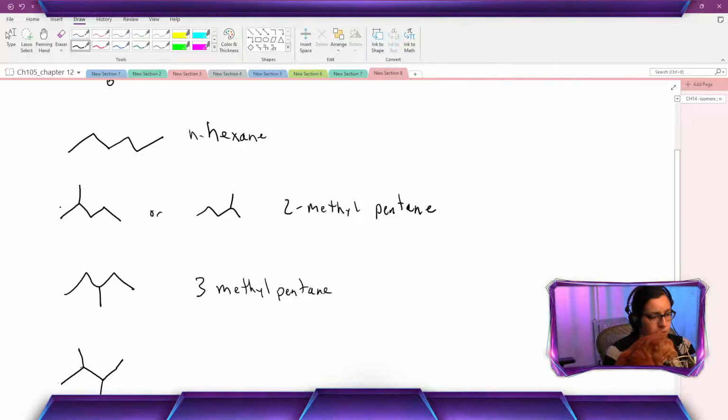So either way, 1, 2, 3, 4, 1, 2, 3, 4, however you name it, or label those carbons, you should get the same answer. Yeah, exactly. So 2,3-dimethylbutane.